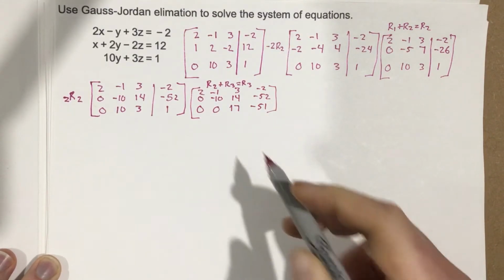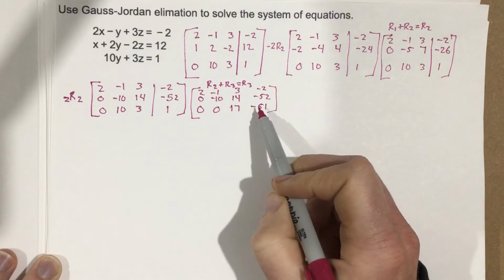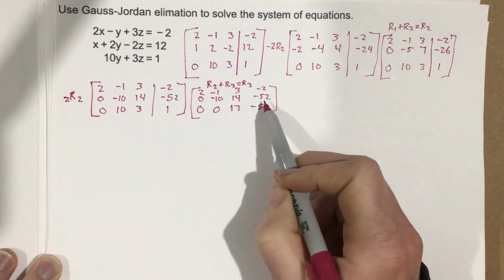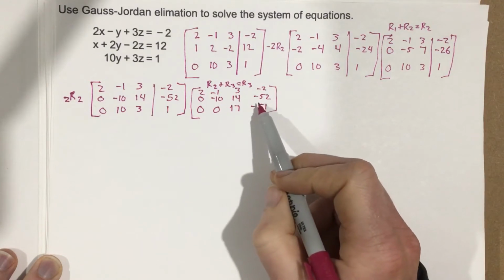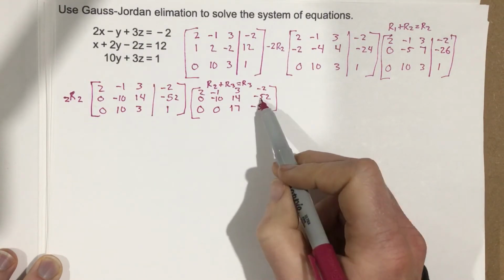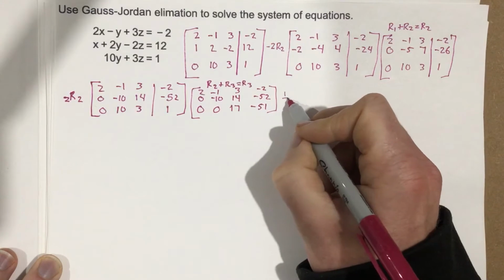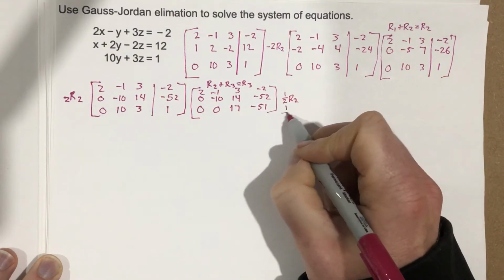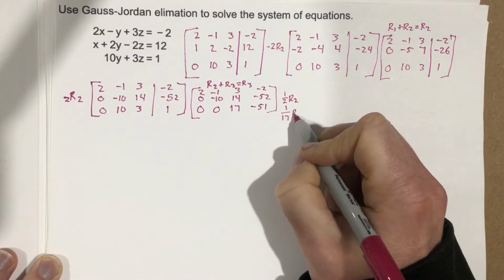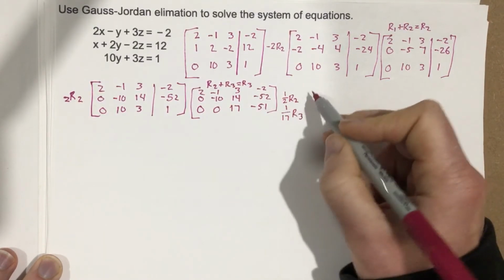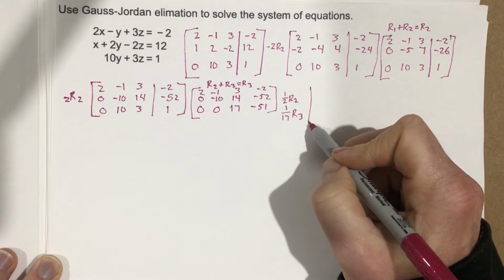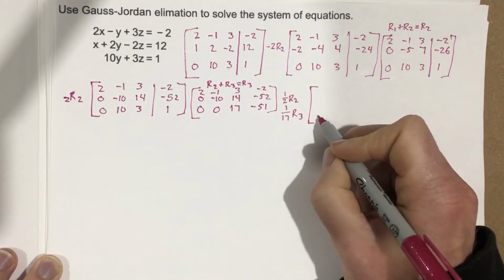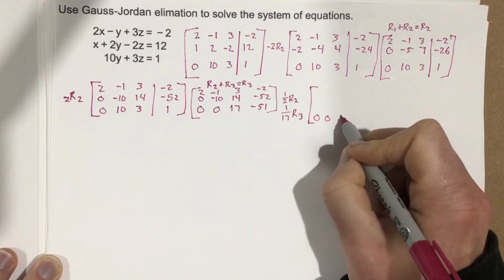Now I'm going to multiply the middle row by a half just to essentially make it smaller, all even. So I'm going to multiply 1/2 times row 2, and I'm going to multiply 1/17 times row 3 to make that smaller. When we multiply the bottom row, that'll give us 0, 0, 1.